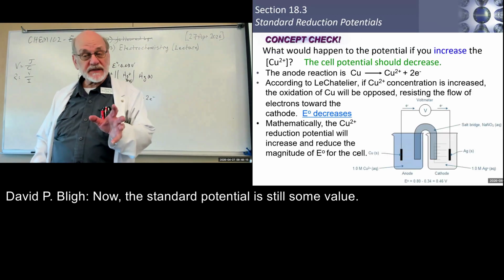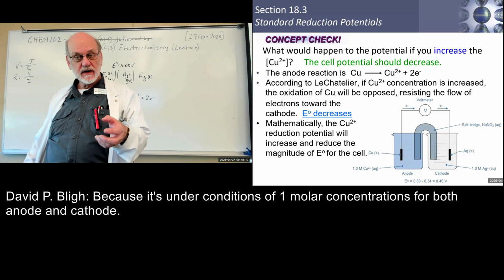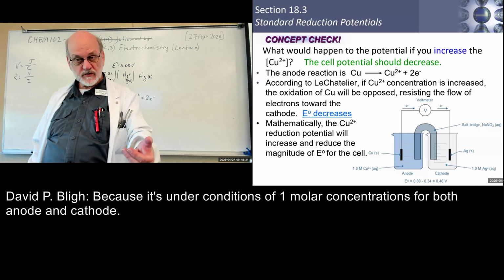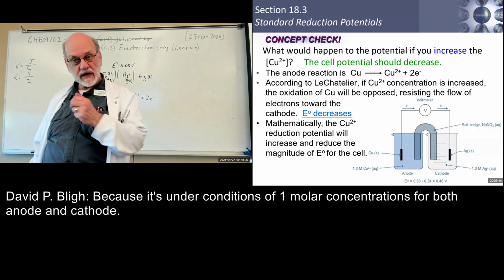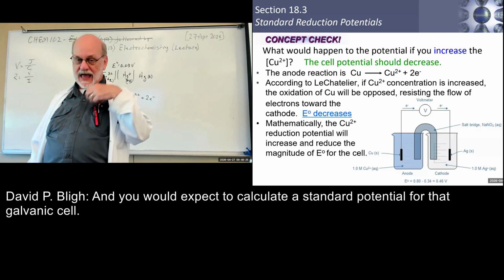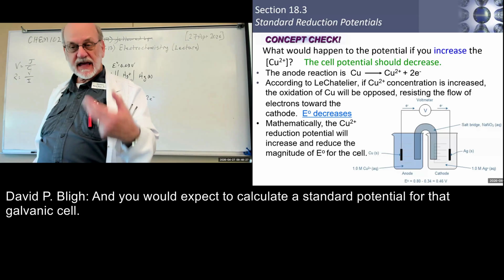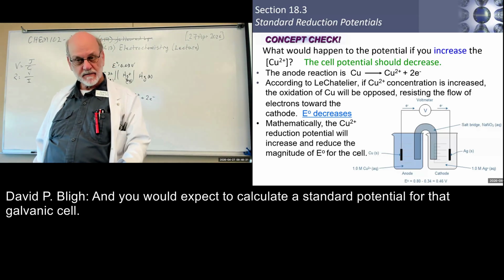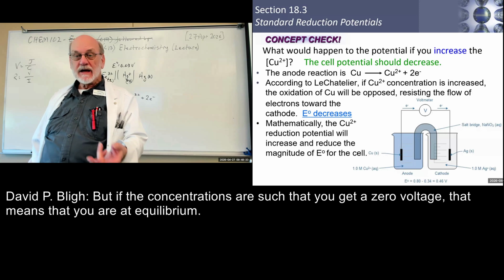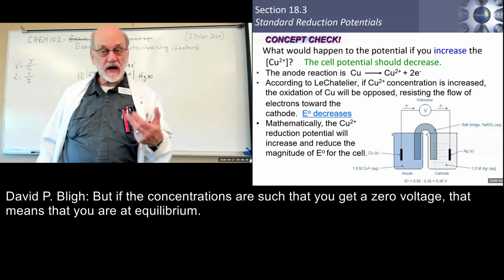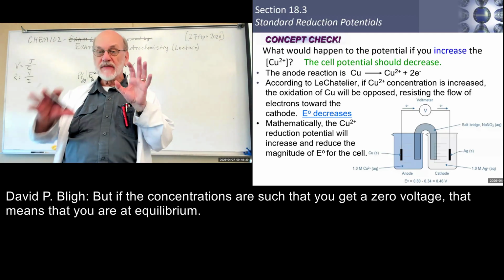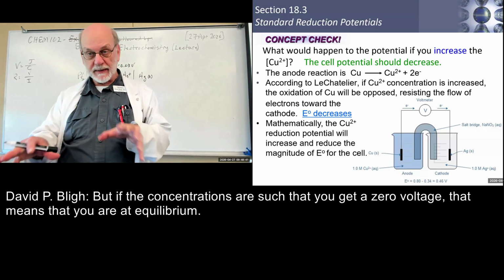Now, the standard potential is still some value because it's under conditions of 1 molar concentrations for both anode and cathode. And you would expect to calculate a standard potential for that galvanic cell. Right? But if the concentrations are such that you get a 0 voltage, that means that you are at equilibrium.